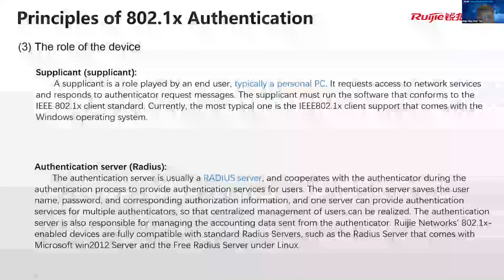This Radius controls, and they can set multiple criteria or validation on the client before they get authenticated to the network. For the Radius server we have multiple options: a Microsoft server, or a free open source Radius server that runs under Linux.